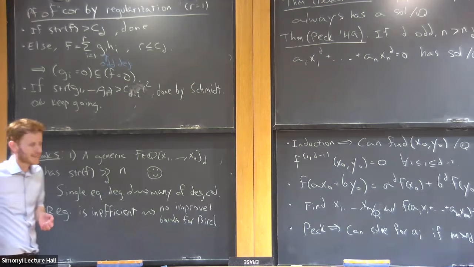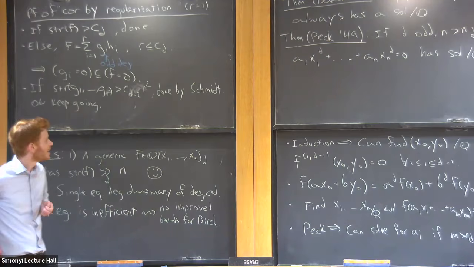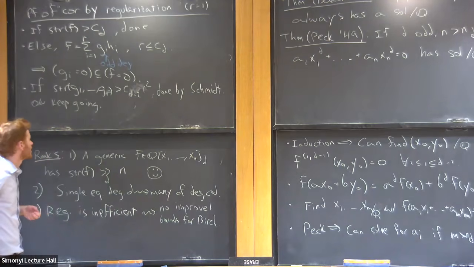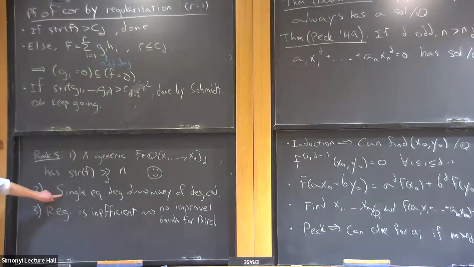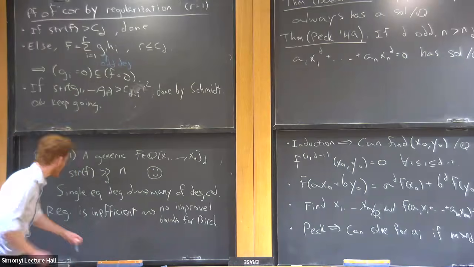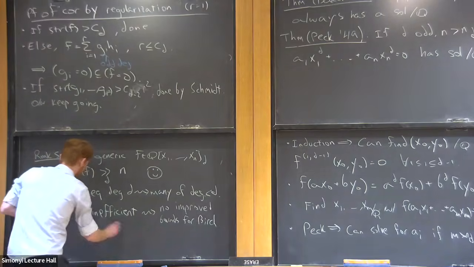That would give better explicit bounds for the number of variables. So this inefficiency of the process we described here is what I want to address.